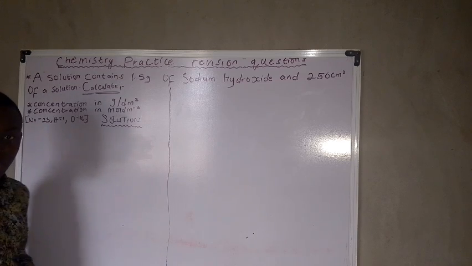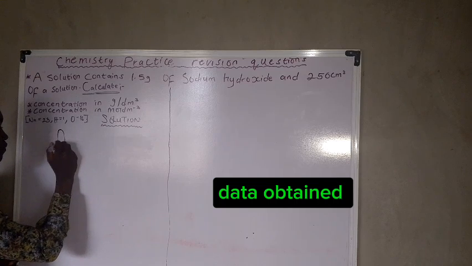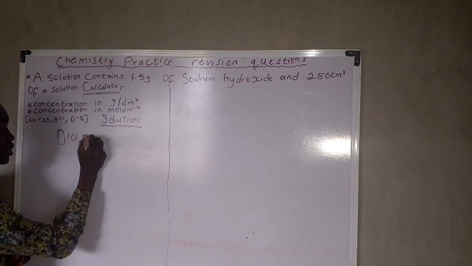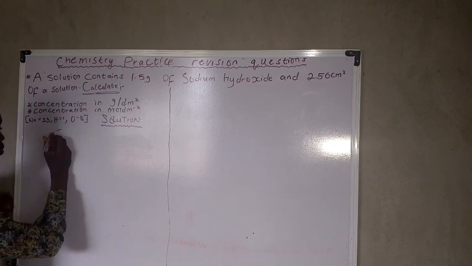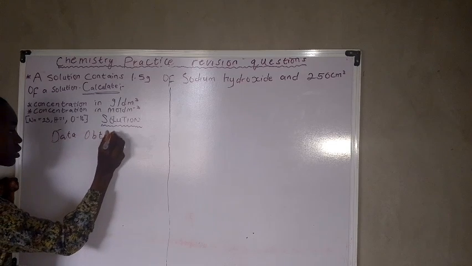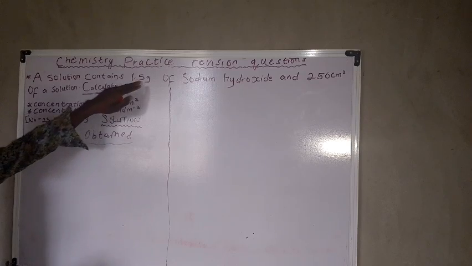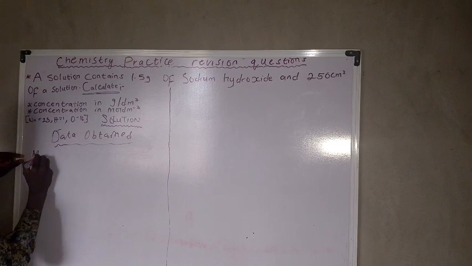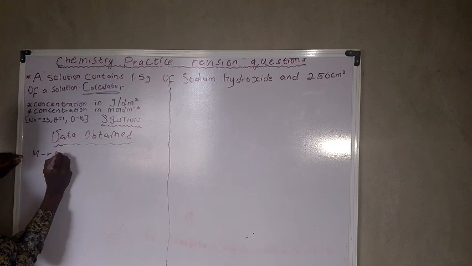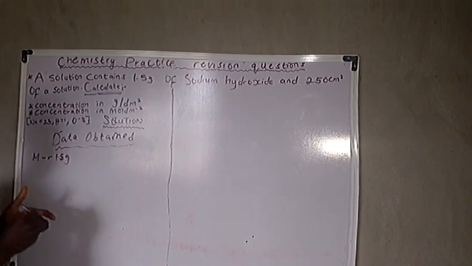Okay, now let's bring out our data obtained. Let's fish out our parameters. We are given the mass to be 1.5 grams of sodium hydroxide.